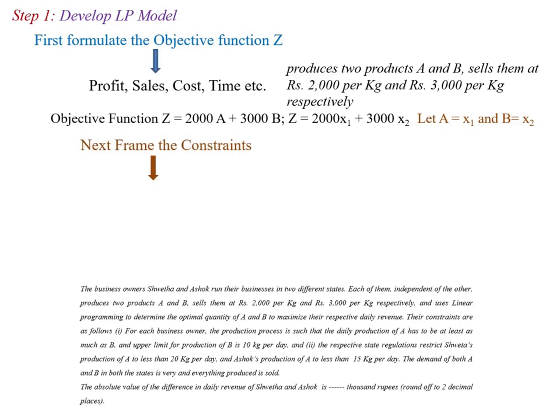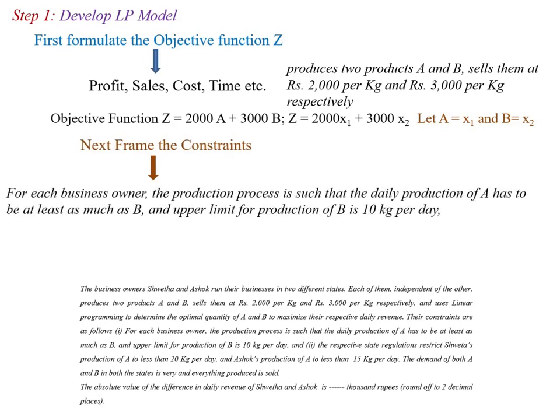So next we have to frame the constraints. First constraint is, for each business owner, the production process is such that the daily production of A has to be at least as much as B, and the upper limit for production of B is 10 kg per day. So the constraints for Shweta's and Ashok's production are x1 is greater than or equal to x2 and x2 is less than or equal to 10.